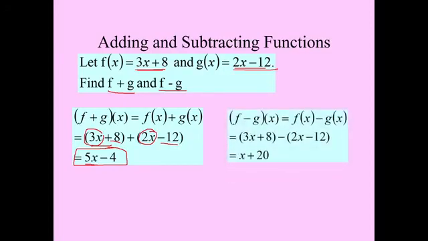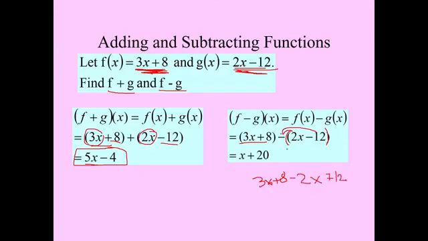While for the difference of the 2 functions, you will be subtracting 3x plus 8. There you go. Please do not forget to put parentheses there. The parentheses are very, very important. Minus 2x minus 12. Why? Because we will be distributing that. So the solution is 3x plus 8 minus 2x plus 12.